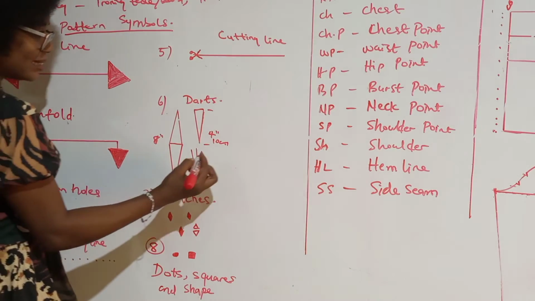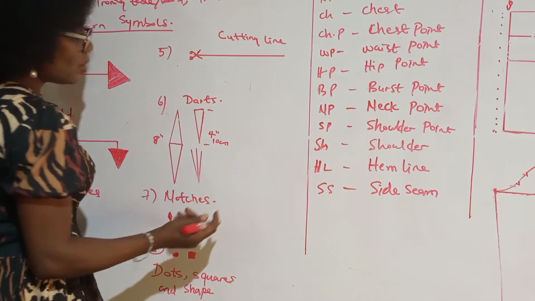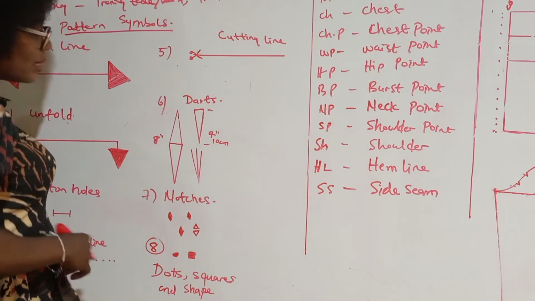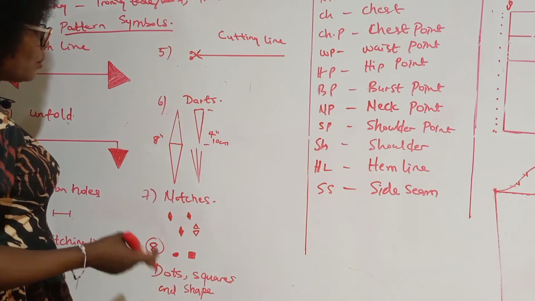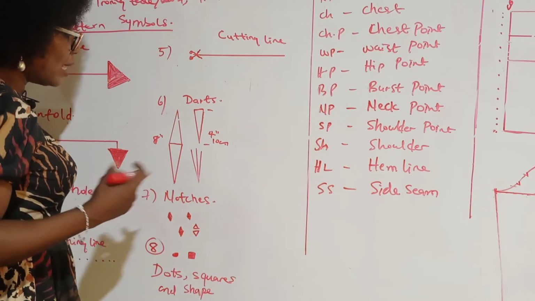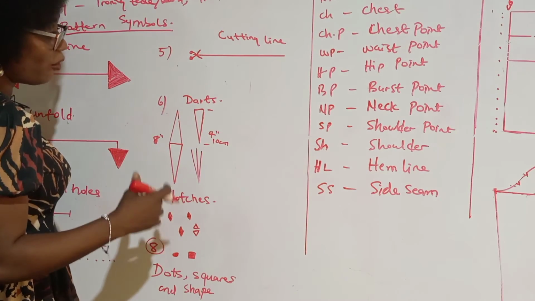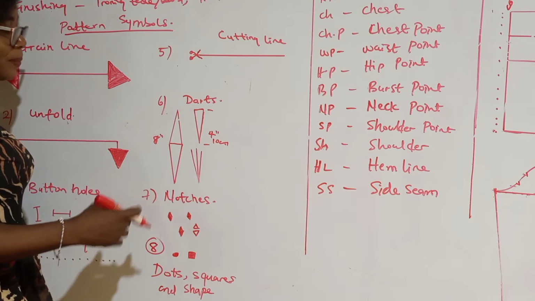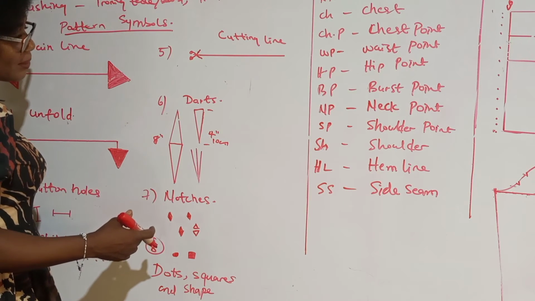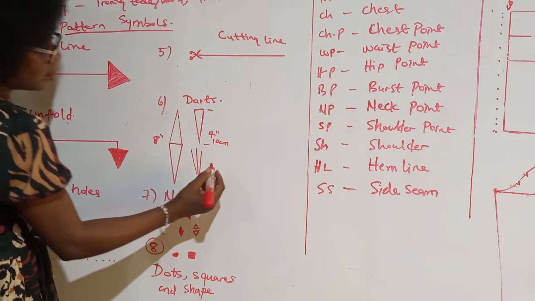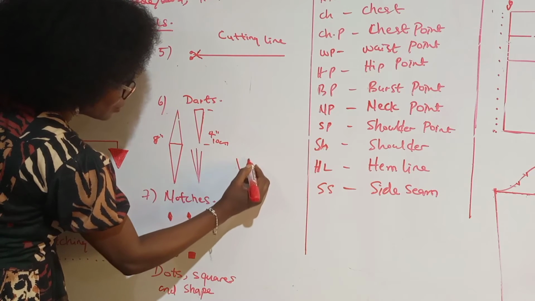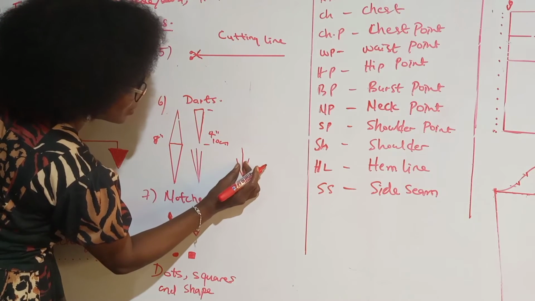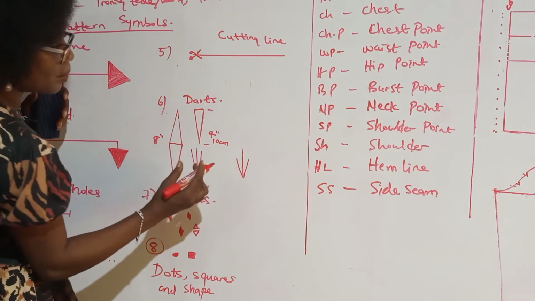And the dart is the excess you pick in order to give fitting to a garment. You pick it around the waistline, you pick it around the underbust, just to give shape or fitting to whatever garment you are making. You can pick it also on trousers. This is what the dart looks like, and it has the midline. This midline represents where the fold comes from.